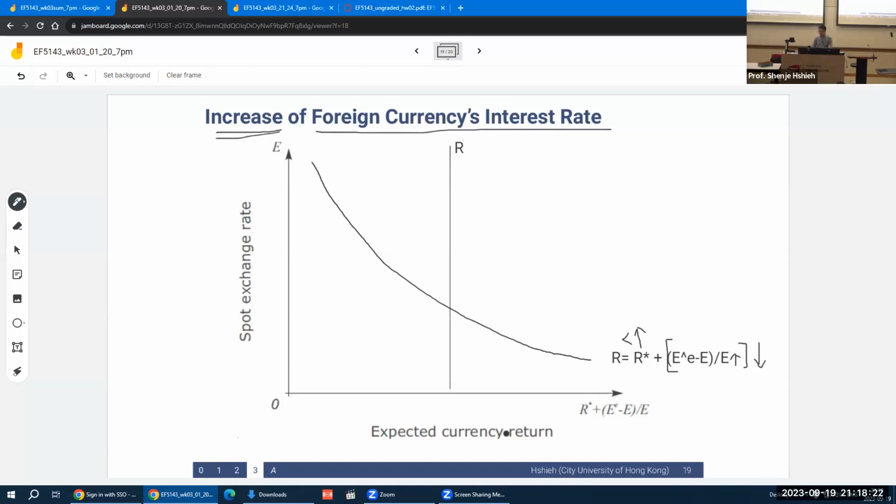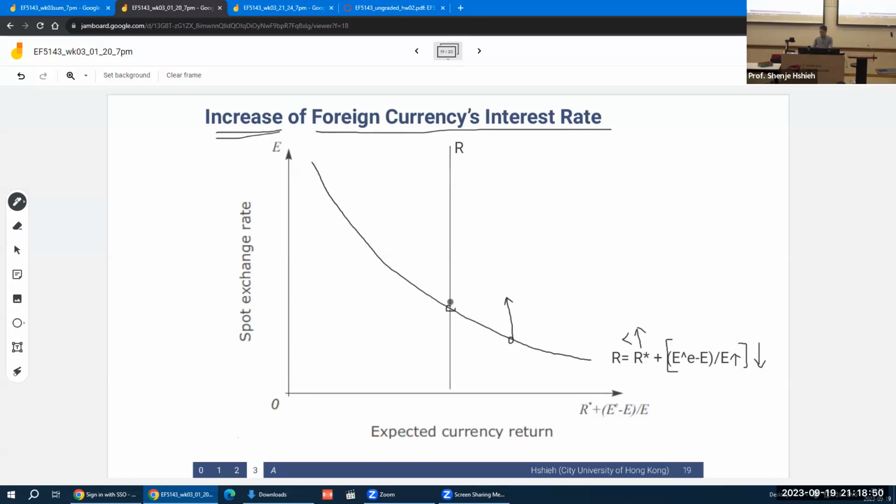So what that means is that given any choice of R, if I decide to increase R star, I should have an increase in E, right? Let me say that again. No matter where I start on the x-axis, if I increase R star, E must increase. So this point jumps to some point higher, right?